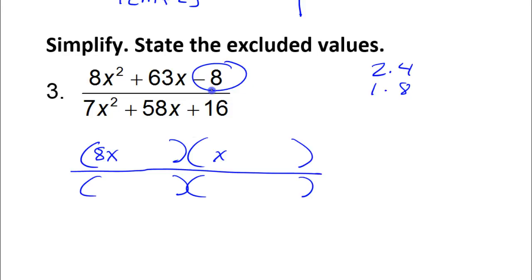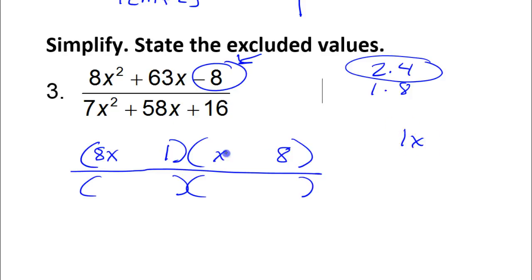So now, again, when I look at this, and I'm going to split that up, I know it's not going to be 2 times 4 because either way I'm going to have a GCF here. So it must be 1 times 8. Now, inner plus outer equals middle. Inner, I have 1x.